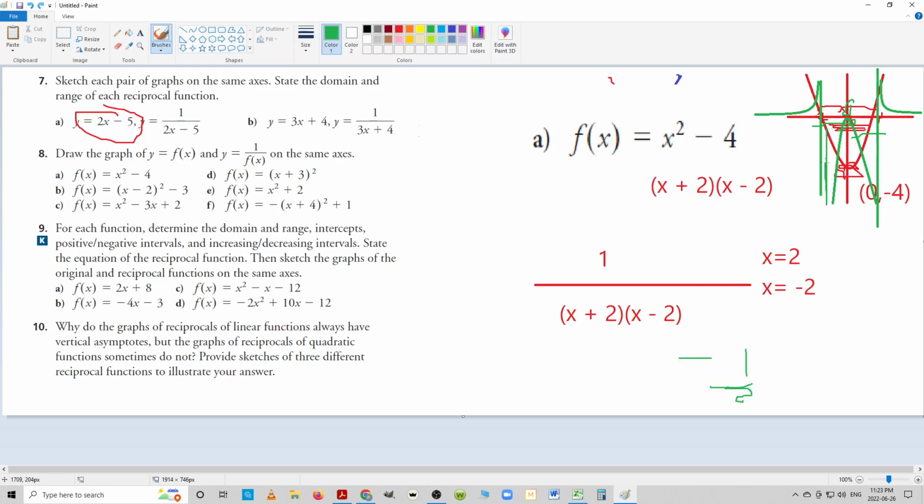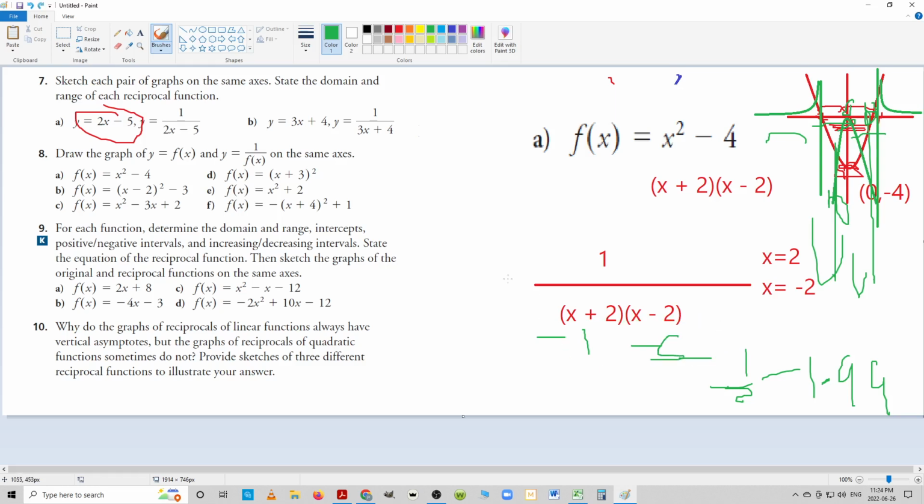And if you take a value that's just to the right of this asymptote, like negative 1.999, you're going to discover y is approaching negative infinity. Same if you take 1.99. But as soon as you take a value to the left of this asymptote, let's say negative 3, well, negative 3 plus 2 is negative 1. And negative 3 minus 2 is negative 5.